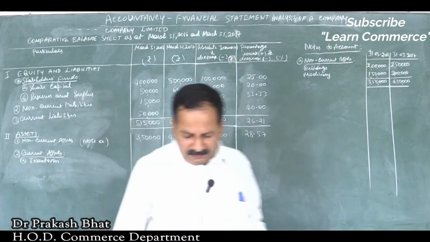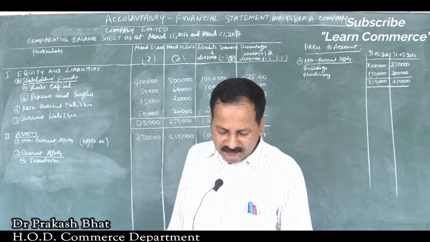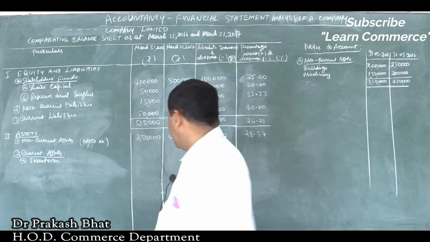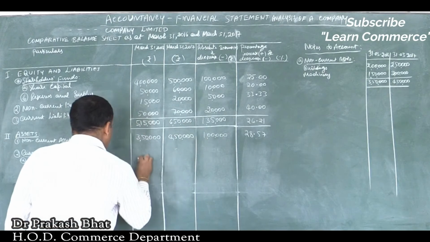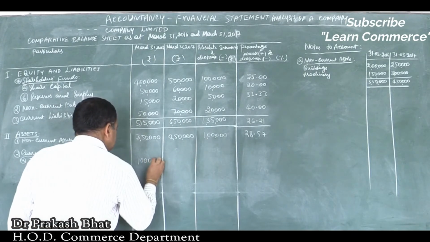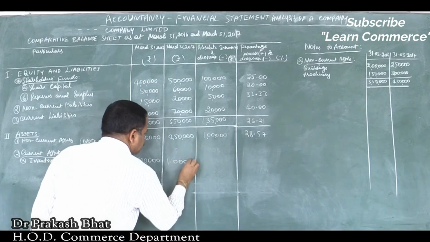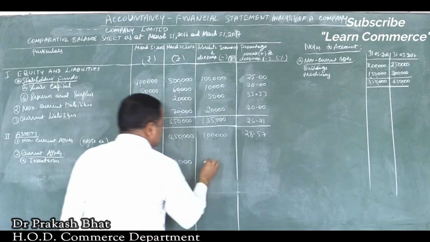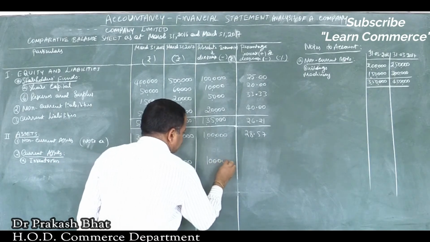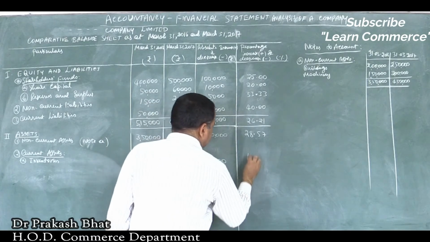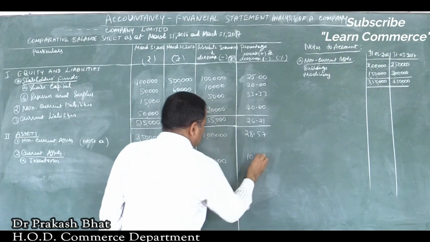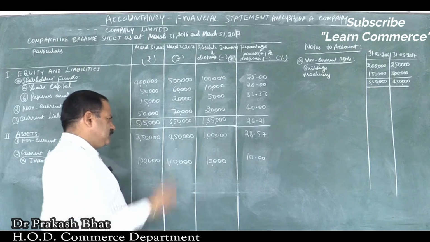See the problem. Amount is given as 1 lakh and 1,10,000. So there is an increase of rupees 10,000, which means 10%. Correct. For 1 lakh, 10,000 means 10%.